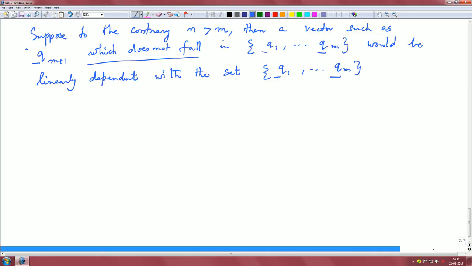I did all the replacement. On the contrary, I assume n is greater than m, then a vector such as qm plus 1 which does not fall in this set q1 to qm would be linearly dependent with this set.